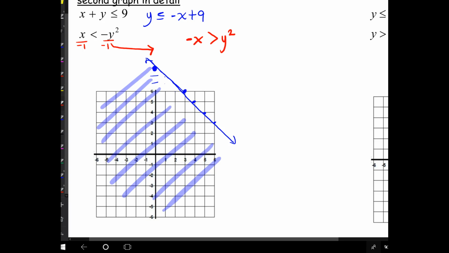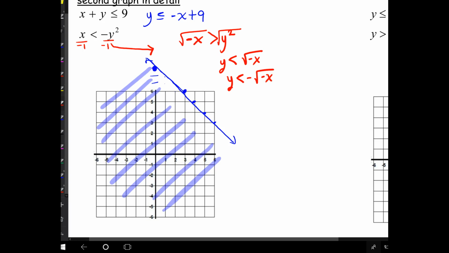And then what do we do if we have y squared? Square root. So we take the square root, and what do we need to keep in mind when we take the square root? Plus or minus. So we're going to have y has to be less than the positive square root of negative x, and y has to be greater than the opposite of the square root of negative x.